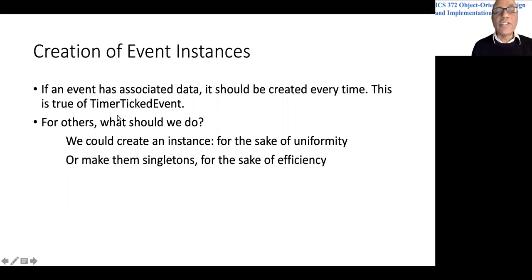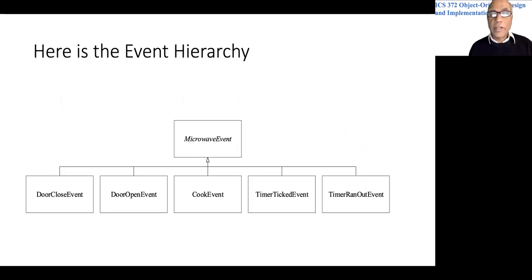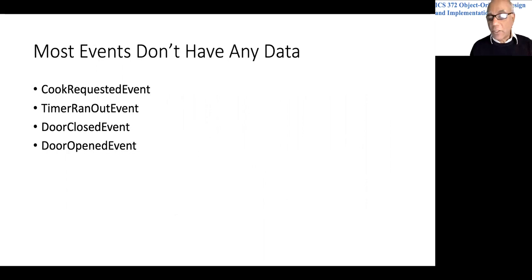We have to create an instance of a timer ticked event whenever we have that event occurring. What about the other ones? Should we create an instance of cook event whenever that occurs? That is good for uniformity, but it is not good for efficiency.